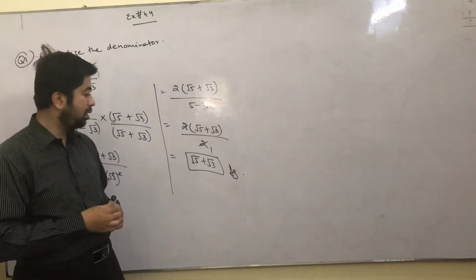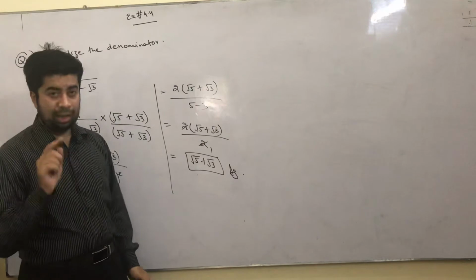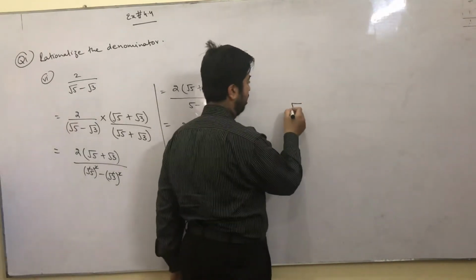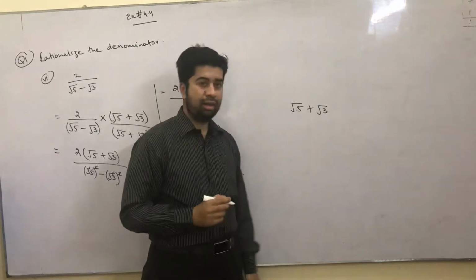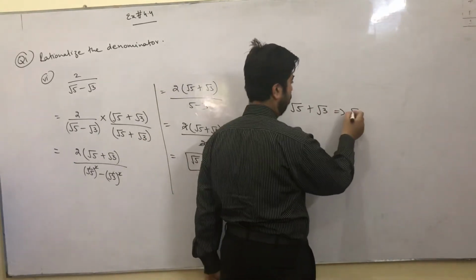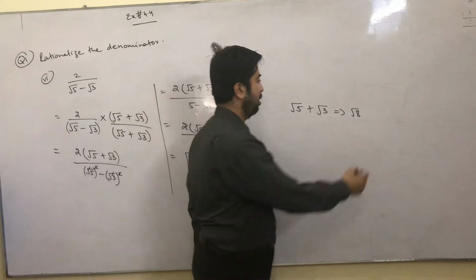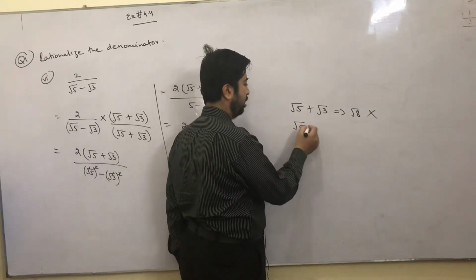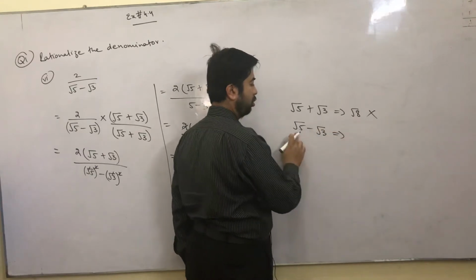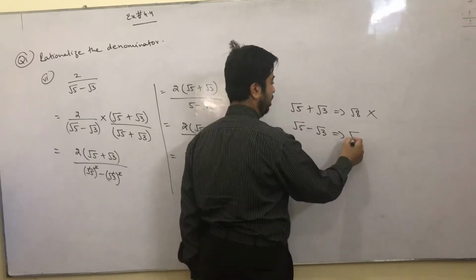But one thing, see that square root 5 plus square root 3. In the previous lecture, I have already told you, are they going to add? Can I write it as square root 8? No, I can't write it like that. I can't add, and I can't subtract it either. Is square root 5 minus square root 3 equal to square root 2?